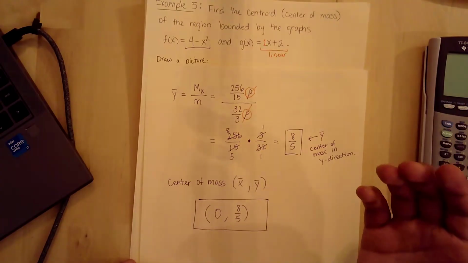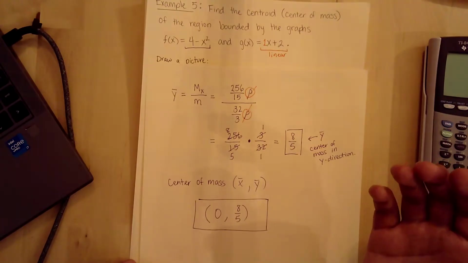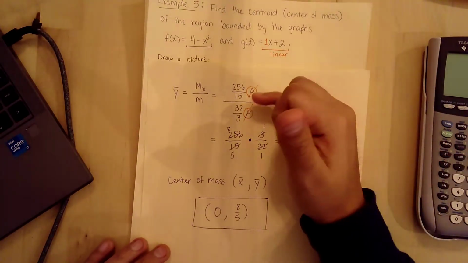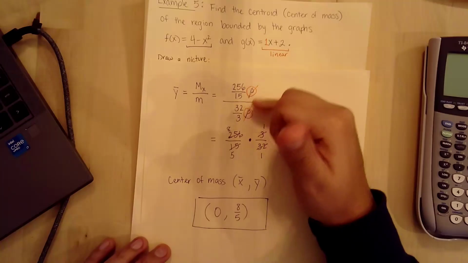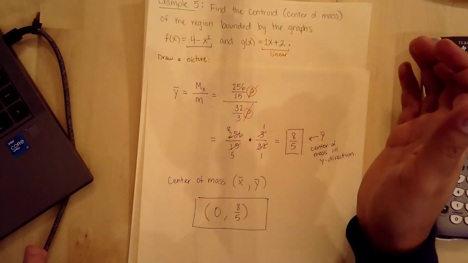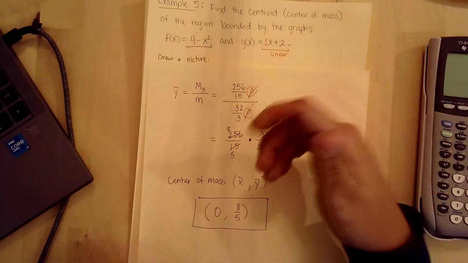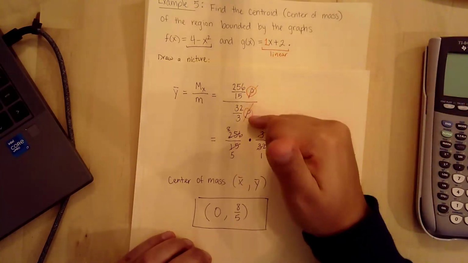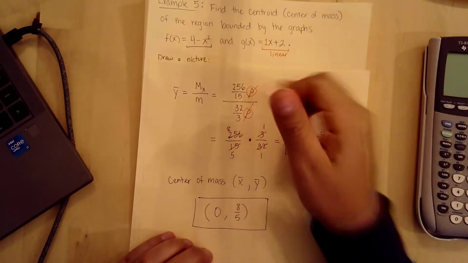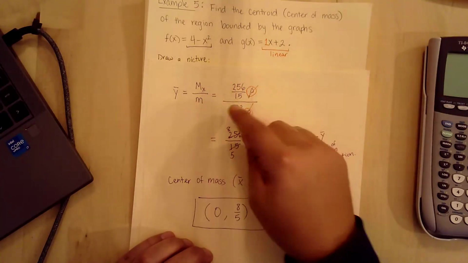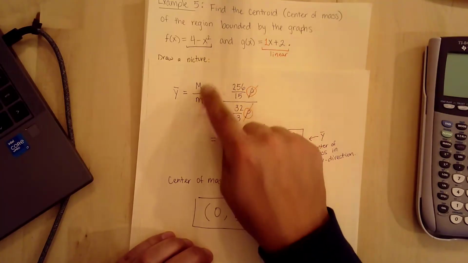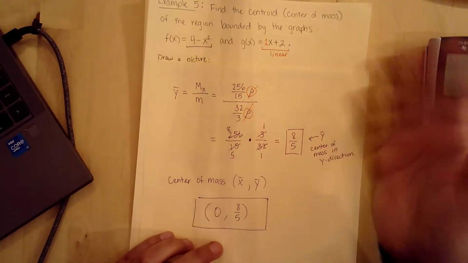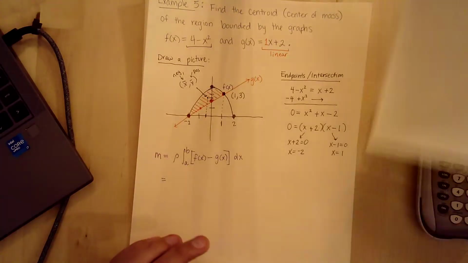In the previous problem, it said find the center of mass for this lamina of uniform density. So in that sense, we could assume that the rho or the density is 1 because the density is uniform. But it really doesn't matter. As long as that is a constant density, it doesn't matter what the actual value of rho is, because once we do these calculations, the density is going to cancel out of both the numerator and the denominator. So we don't really need it, not for these problems.